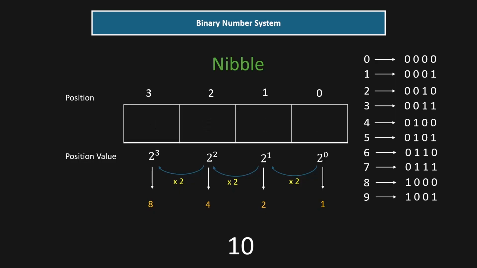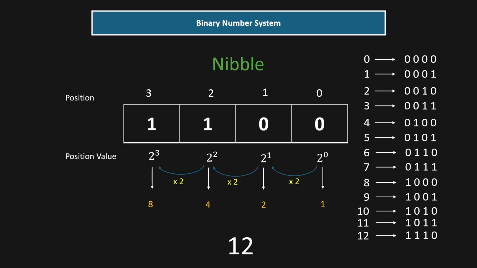And number 10, we have 0 ones, 1 two, 0 fours, and 1 eight. What about 11? In 11, we have 1 one, 1 two, 0 fours, and 1 eight. 12. In the 12, we have no 1, no 2, 1 four, and 1 eight. 13.